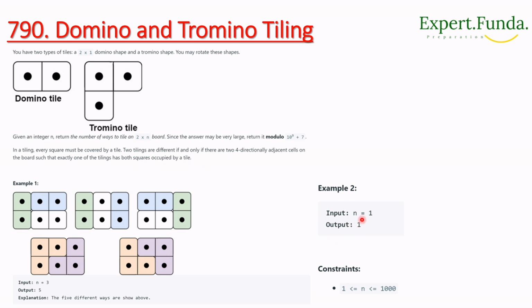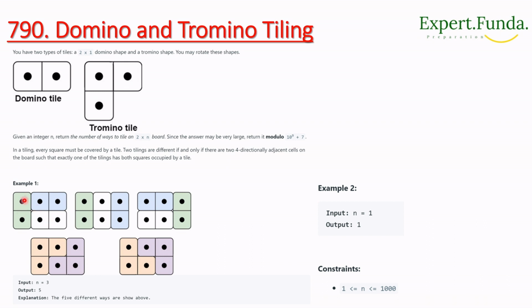Now if we pass 1, we have to return only 1. Otherwise, if we have n equal to 3, then we have to return 5. How? In this tiling, every square must be covered by a tile, and two tilings are different if and only if there are four directionally adjacent cells on the board.